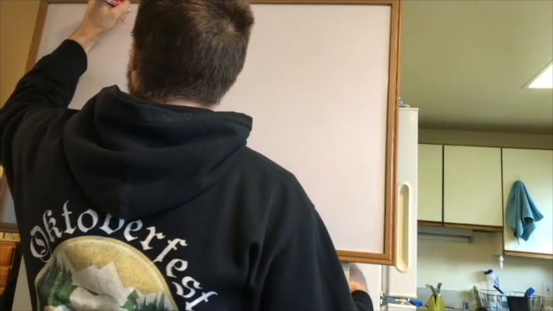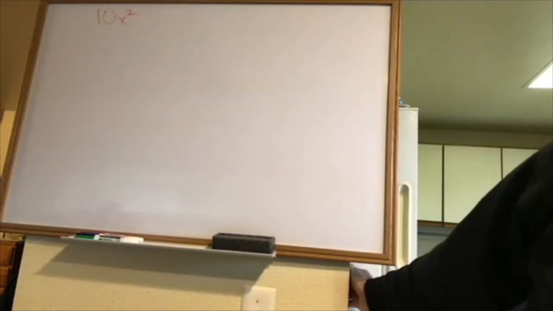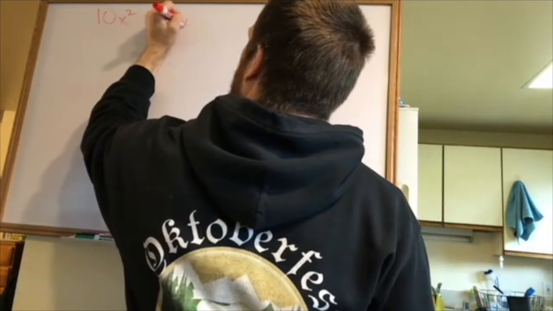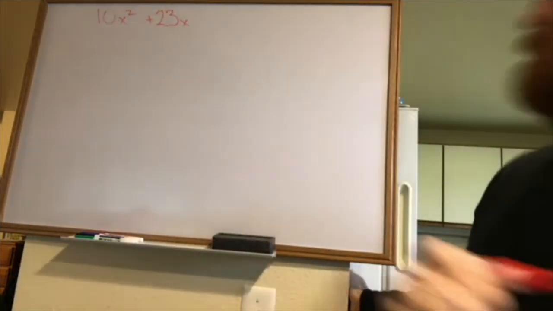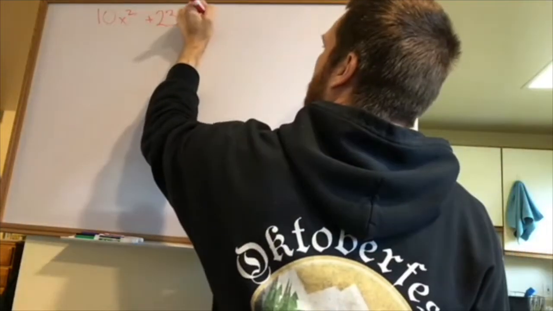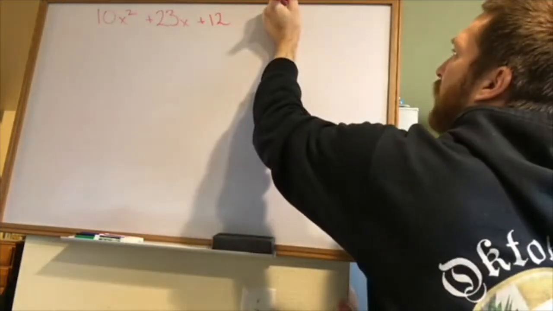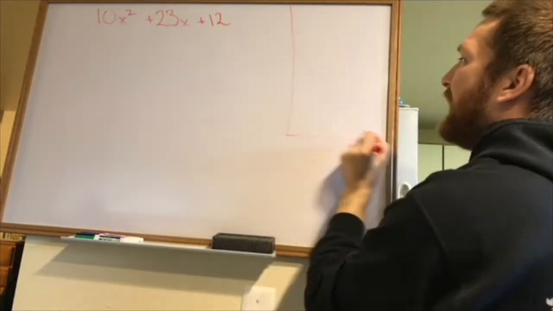Okay, so let's say we are given 10x squared plus 23x plus 12. I look at this and I'm told to factor this.